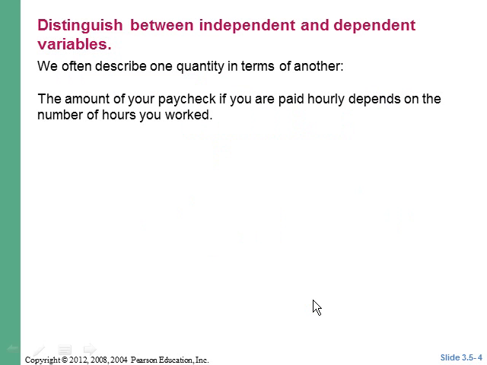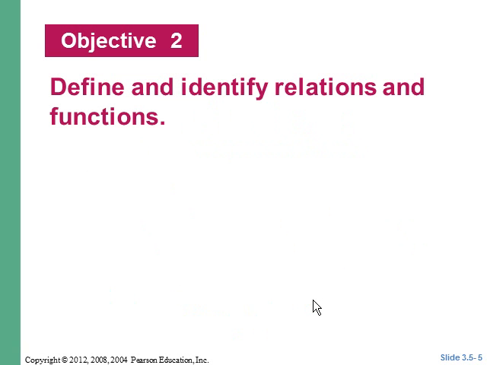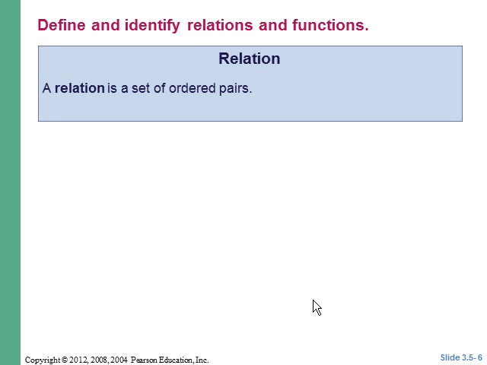We often describe one quantity in terms of another. Okay, so we've got independent and dependent variables. Now, why is that so important? Because we have to think about how two things are related. One way that we can relate them is with ordered pairs.